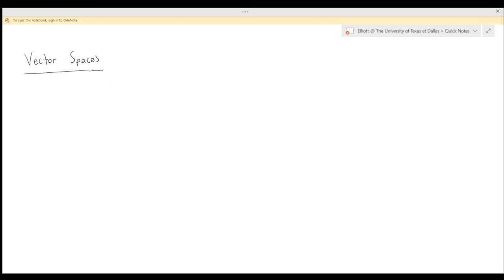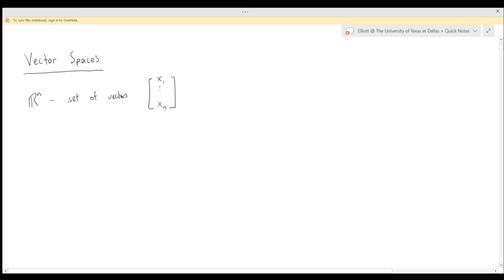So up until this point, we've been working with vectors in Rn. So if you remember Rn, this was the collection of vectors with n components, x1, x2, and so forth, down to xn.